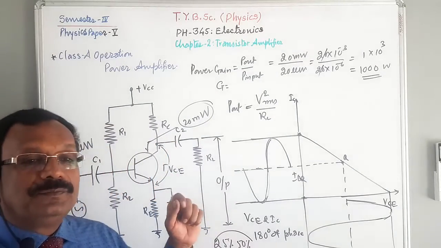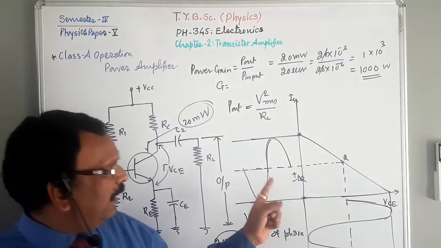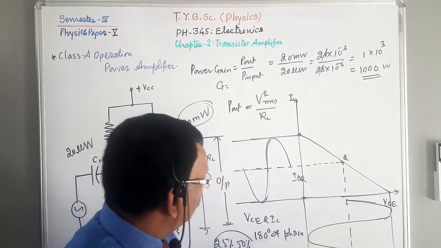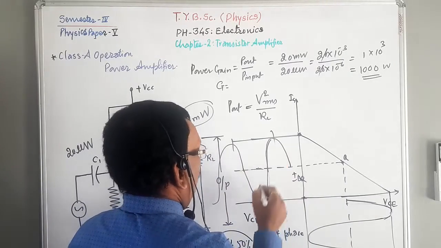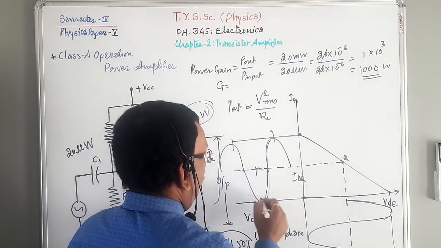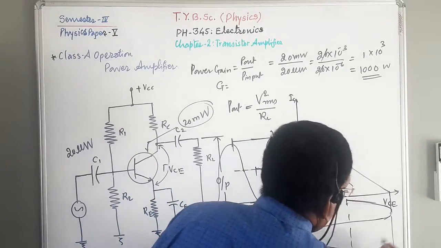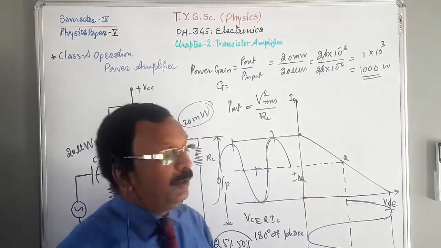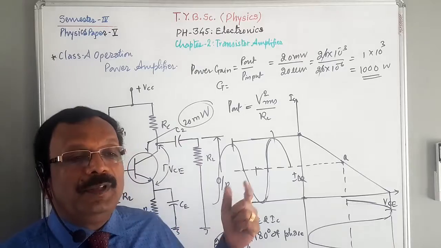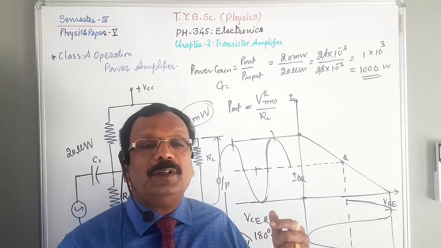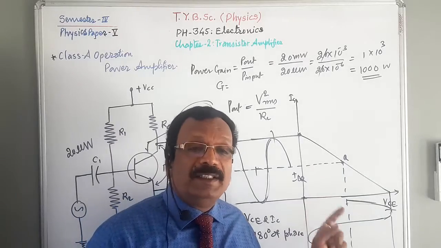Now we measure the output voltage as a peak to peak voltage, that is, from this peak to this peak. Peak to peak voltage is VPP. We measure the output voltage as peak to peak with an oscilloscope. We have to take a CRO in order to measure this.